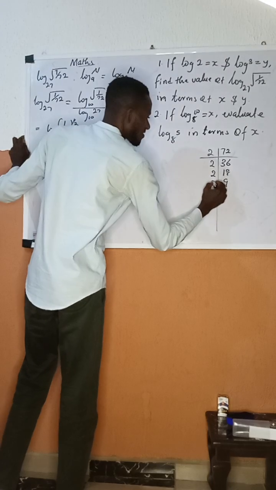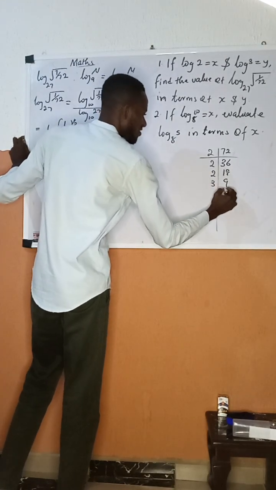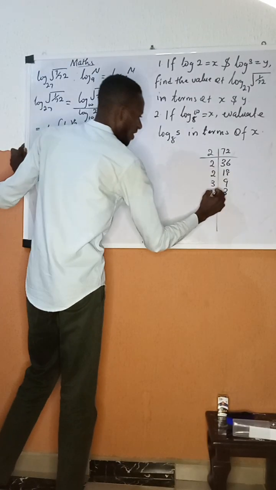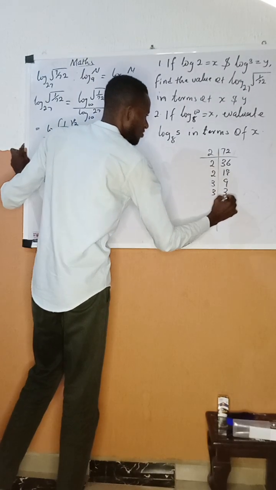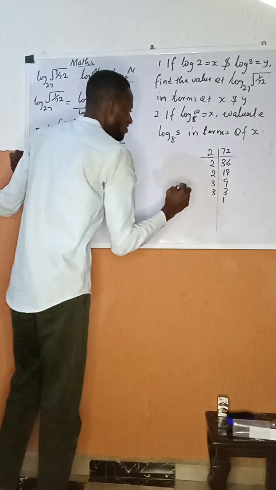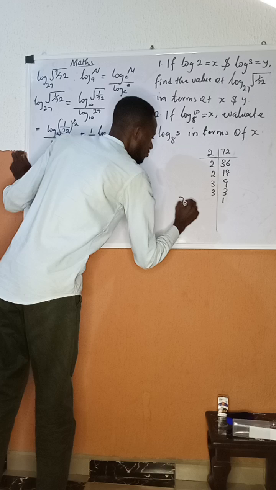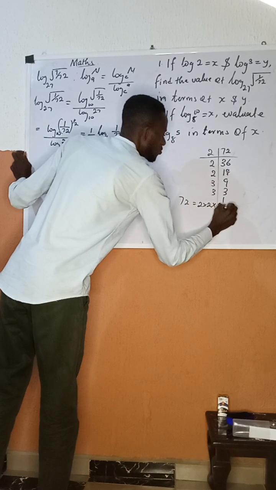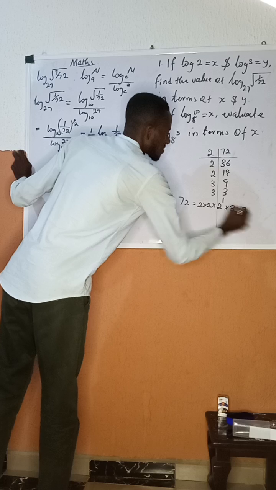I will now write 3 here. 9 divided by 3 is what? 3. I will equally retain the same number 3 because 3 can go into 3. So I have 3 here, and 3 divided by 3 is what? 1. So in that case, I can express 72 as 72 equals 2 times 2 times 2 times 3 times 3.